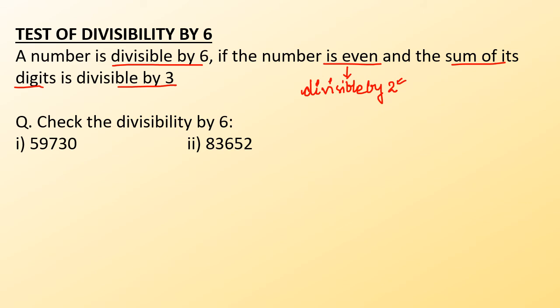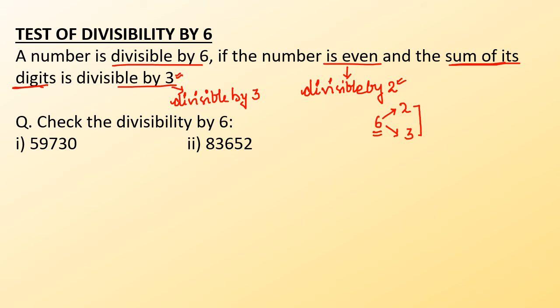And the next condition is that the sum of its digits should be divisible by 3, which means the number should also be divisible by 3. Therefore, a number which is divisible by 6 should be divisible by 2 as well as 3. So we have to check the divisibility by 2 and 3 both. Let's check the given numbers.